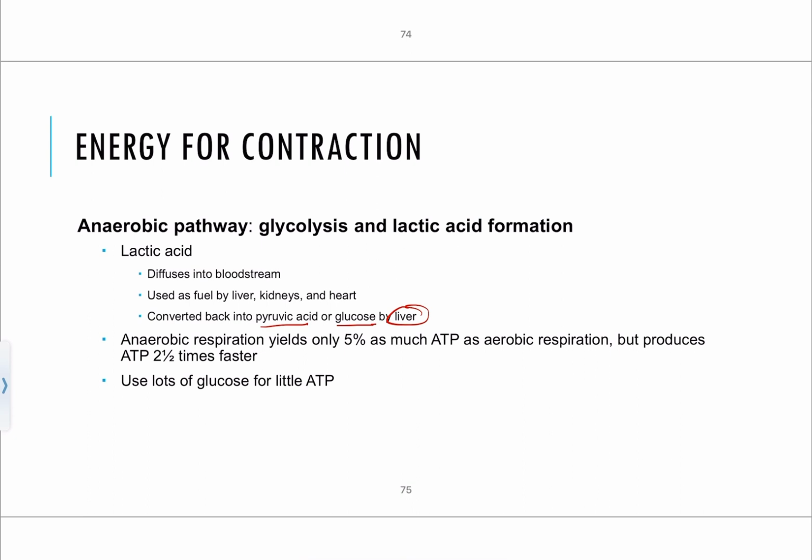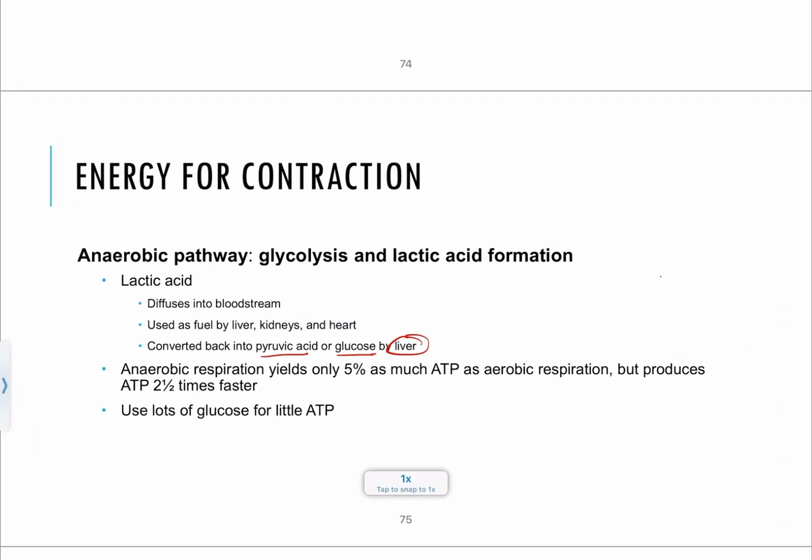With creatine phosphate, we only get 1 ATP per creatine phosphate. With glycolysis in the absence of oxygen, we only get 2 ATP. Still not a lot of ATP for the amount of glucose that we're actually using.